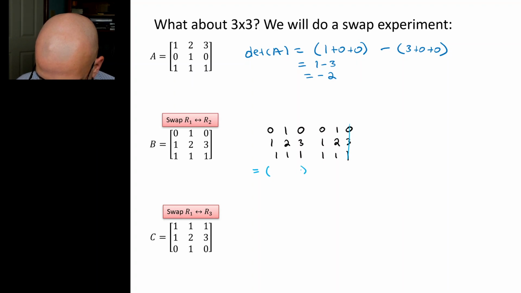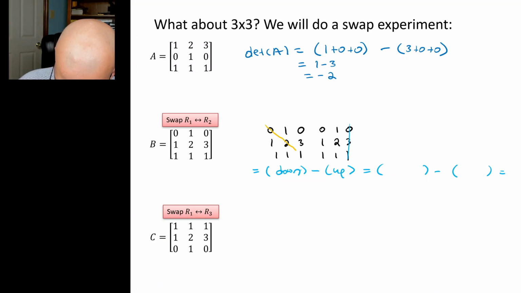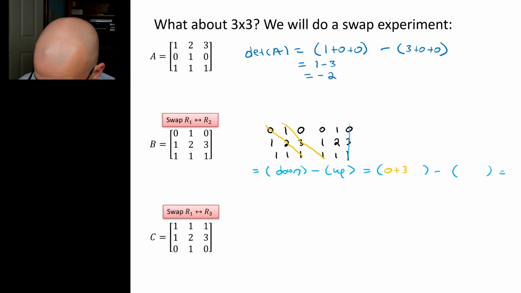So down products minus up products. Our down products, we have a 0, we have a 3, they're just in a different order, and we have a 0.